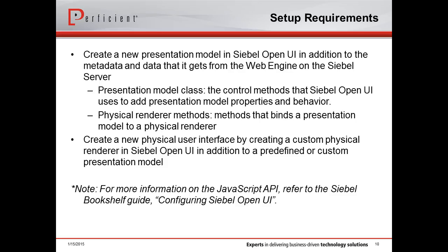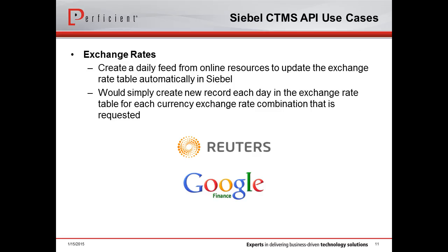If users are using multiple applications, you want them to have a consistent look and feel. It helps with training, usability, and user adoption. That's really what the new OpenUI and the JavaScript APIs allow you to do.